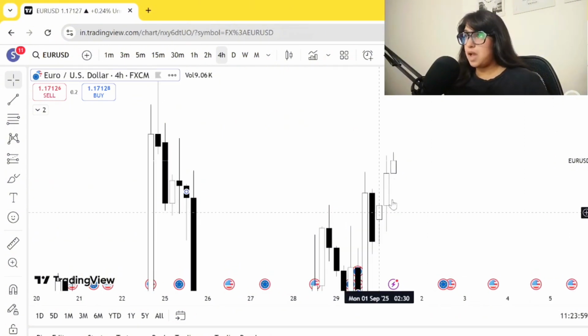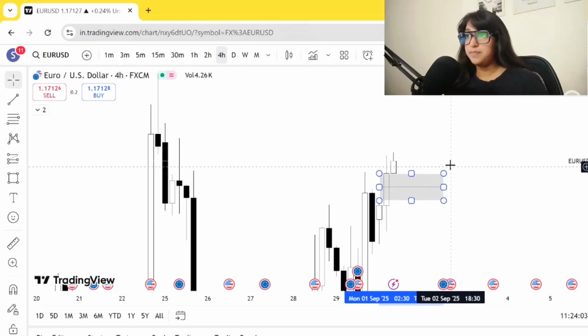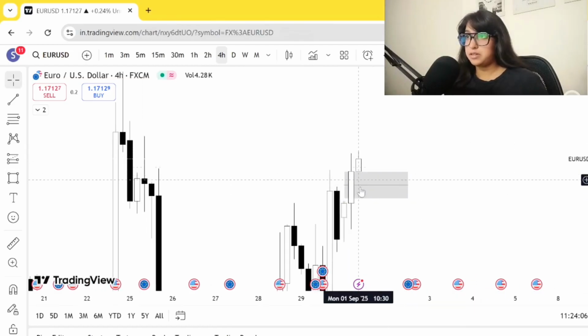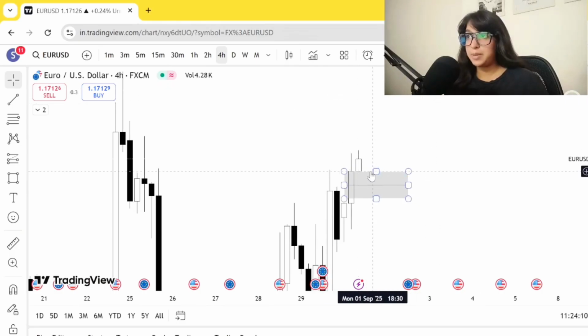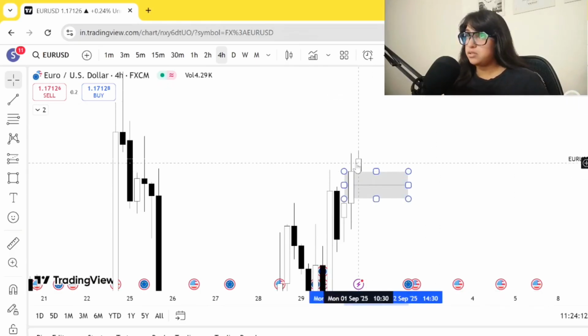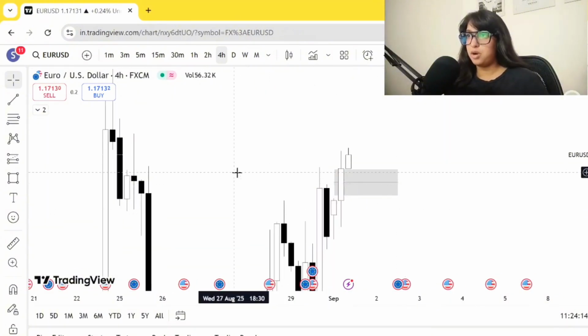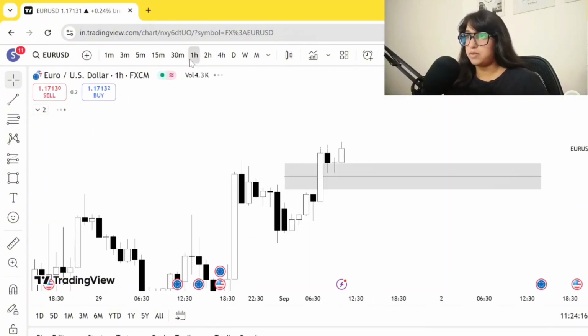Also it made a fair value gap right over here, which means if it didn't come down, we're going to see the move up while tapping this fair value gap. So this is the scenario for our time frame. Let's see on the 1 hour time frame.